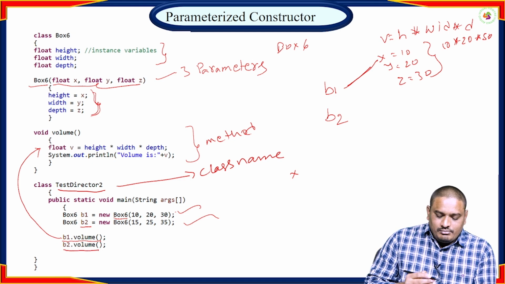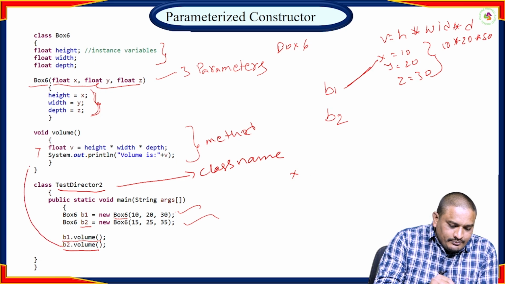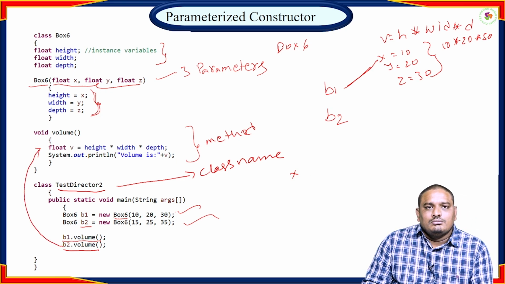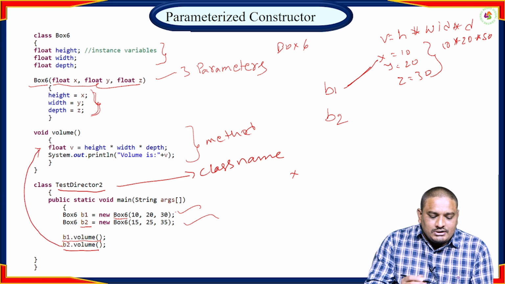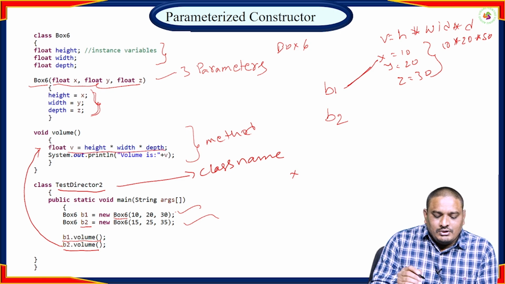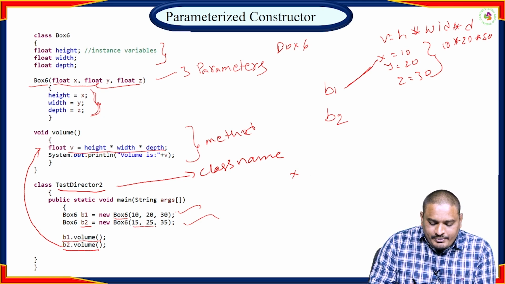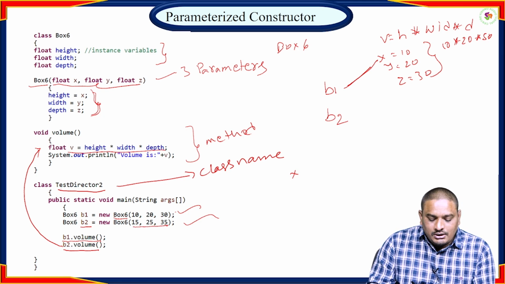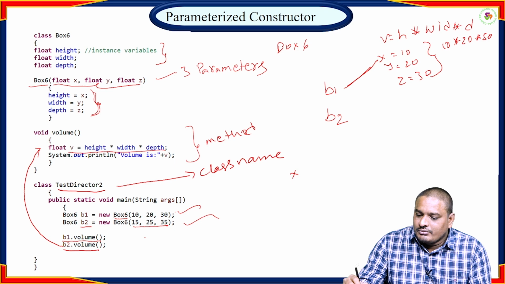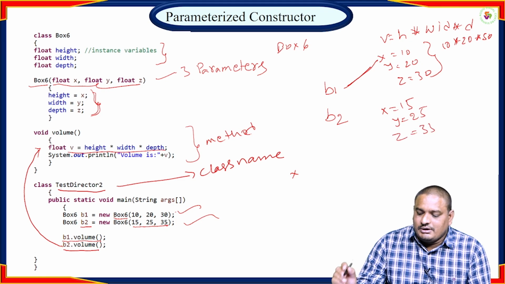We call B2.value, and it goes directly to the value method. What is the formula? V equals height into width into depth. We have passed the three parameters.